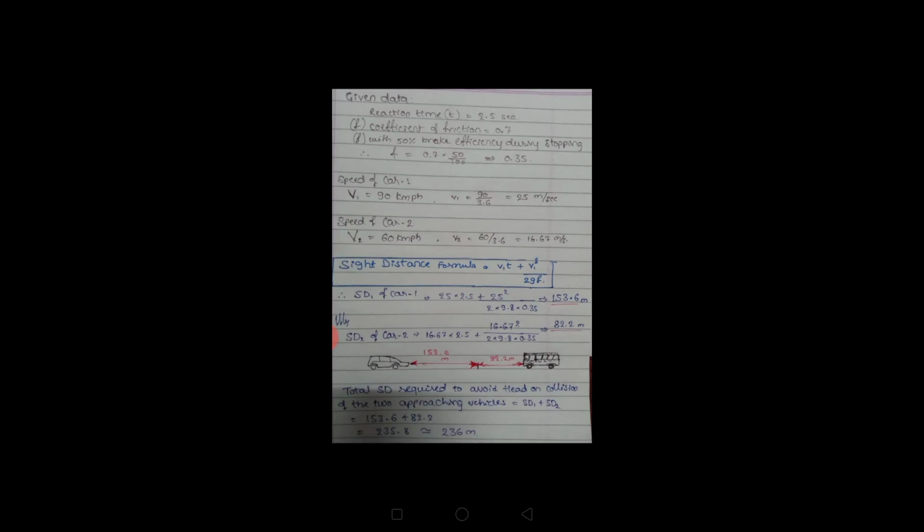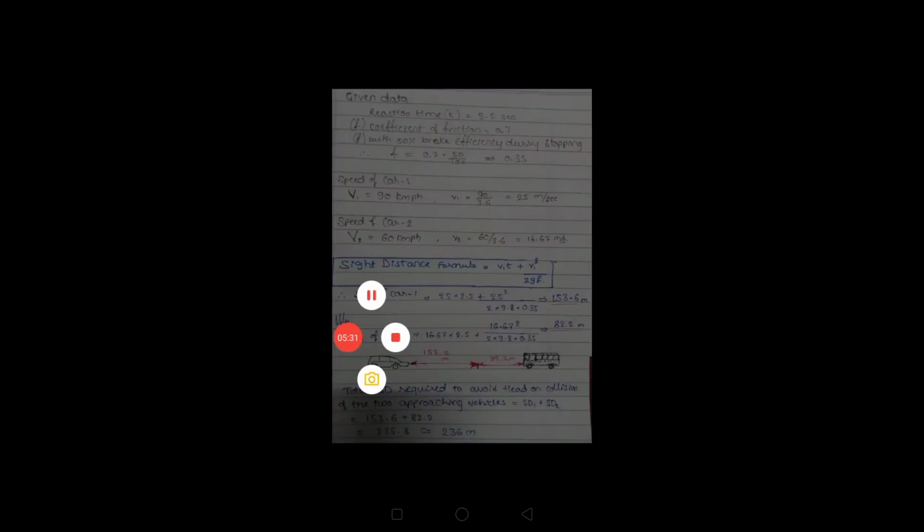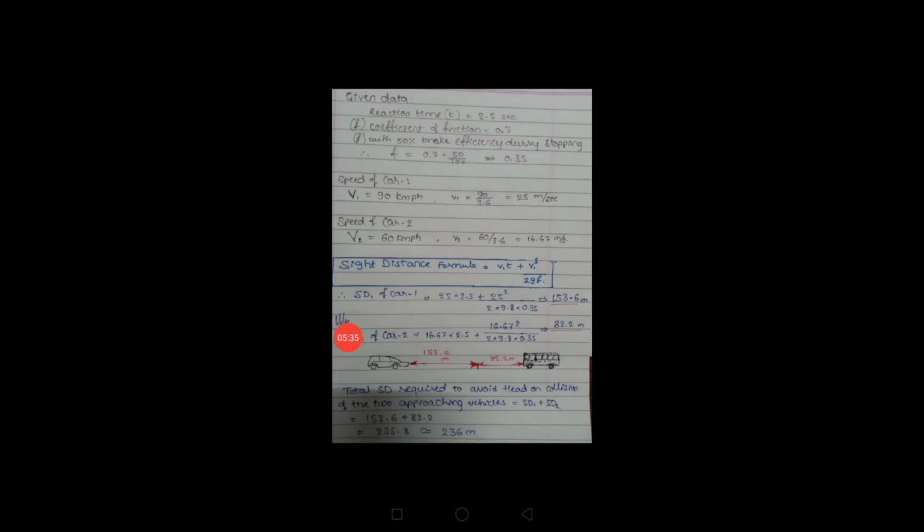The first car is running at 90 kmph, which I am converting to meters per second: 90 divided by 3.6 is 25 meters per second. Similarly, car 2 is running at 60 kmph and its speed is 16.67 meters per second.